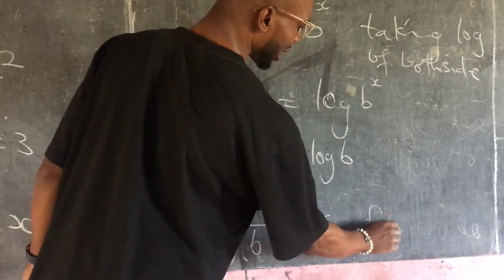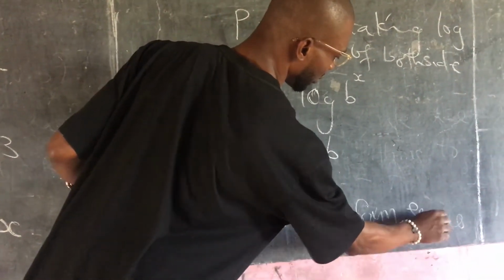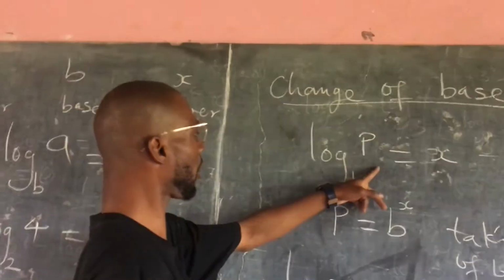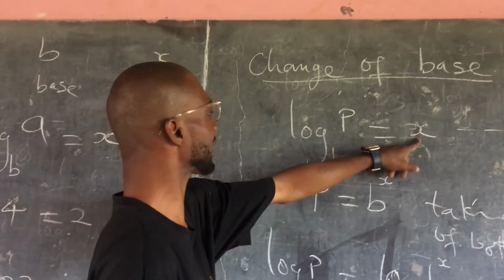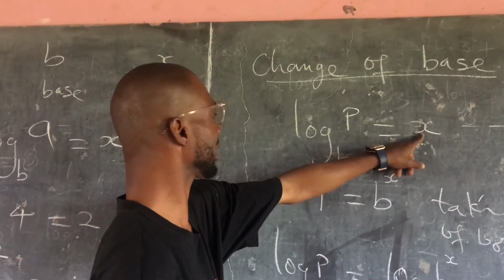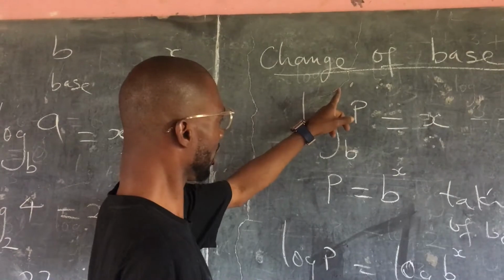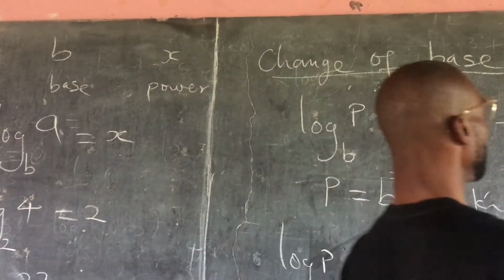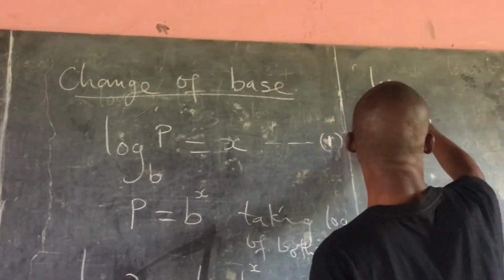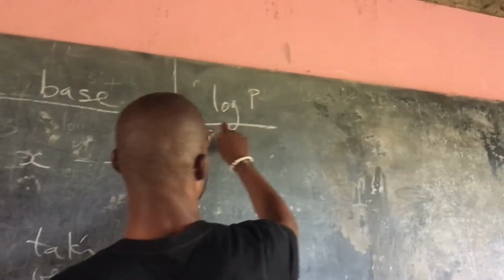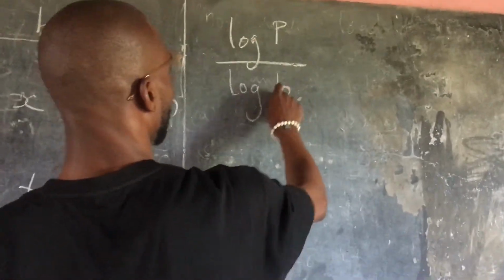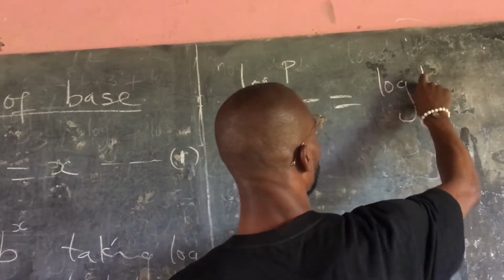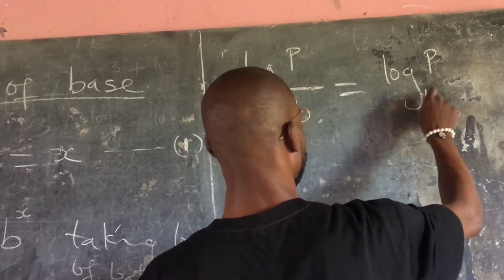Now from our equation 1, x is equal to log of p to base b. So if we replace x here, we get log of p over log of b, which gives us log of p to base b.